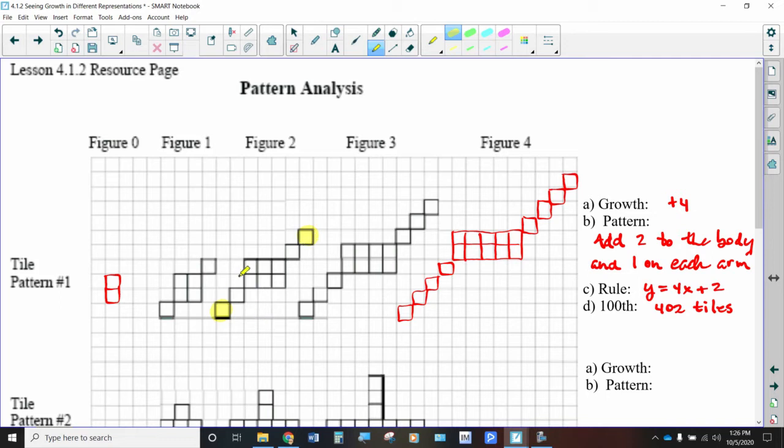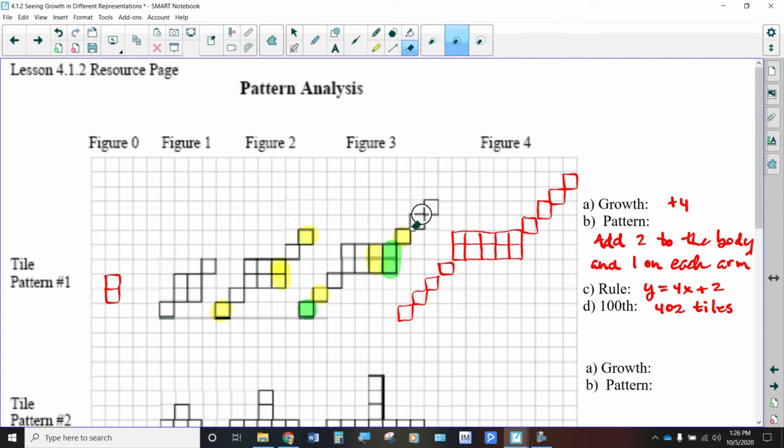But every time you add 2 in a row on the right-hand side, and you add 1 on each one of those arms. So notice how here's what we had in the previous one, and then we add another 1 to the leg, 1 to the arm, and another row there, and then the next one, so on and so forth.